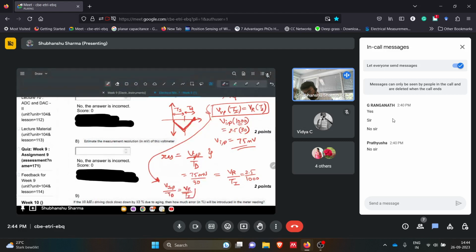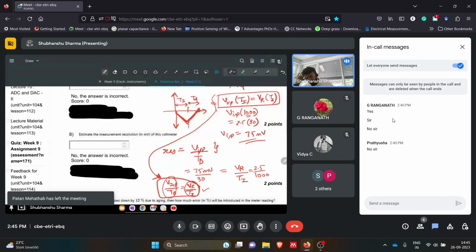I just rearranged the terms here. So if this is the resolution, then this is equal to this also. Either if you know Vr and Ti, then you can calculate the resolution, or if you know Vin and TD, then also you can calculate the resolution. Okay, so this is also fine.